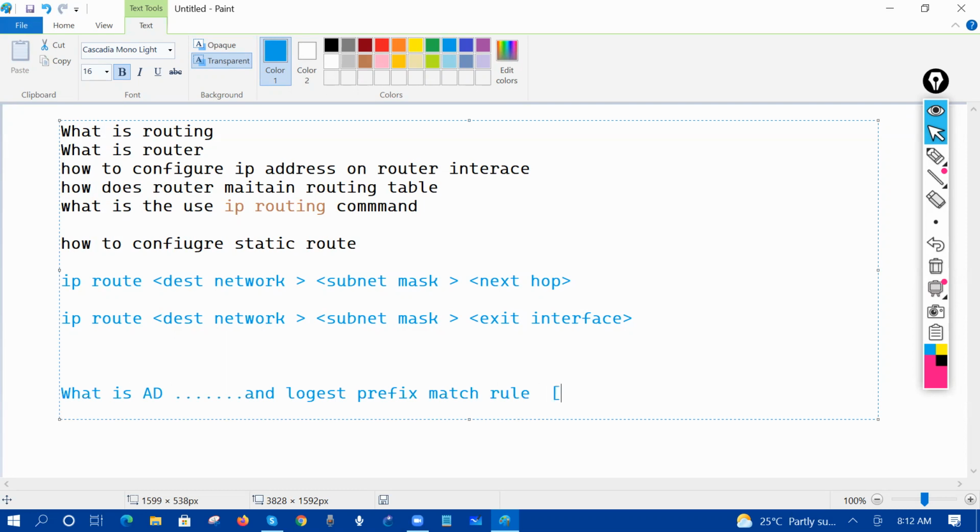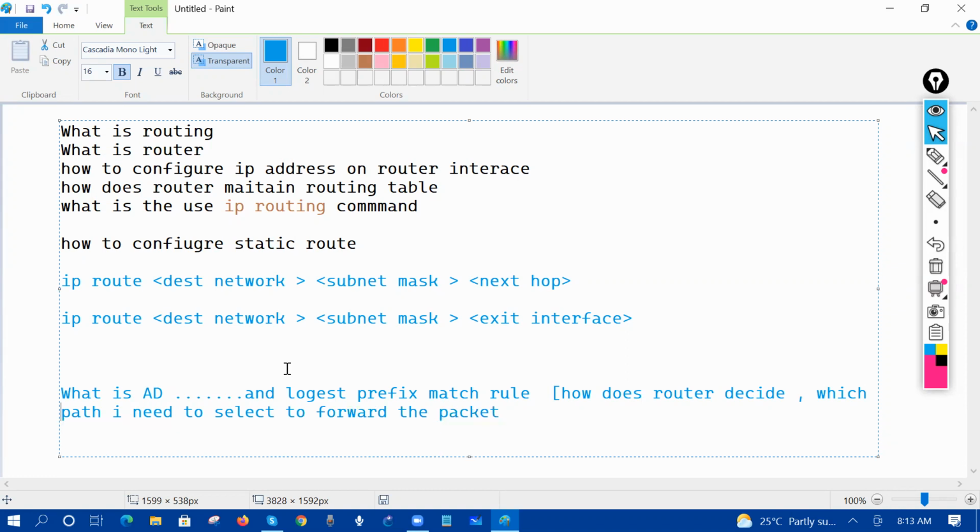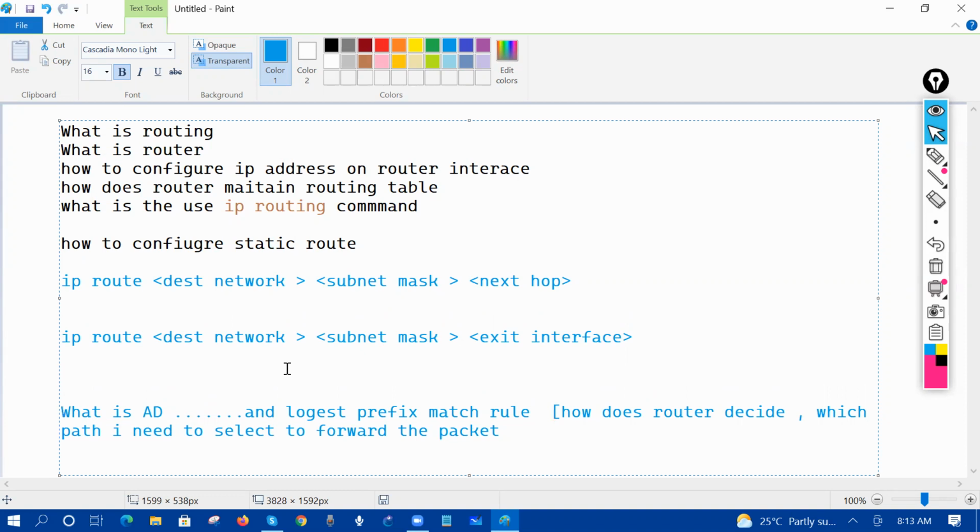The longest prefix match: how does the router decide which route, which path I need to select to forward? Awesome, right? And this command we have seen, IP route destination network.